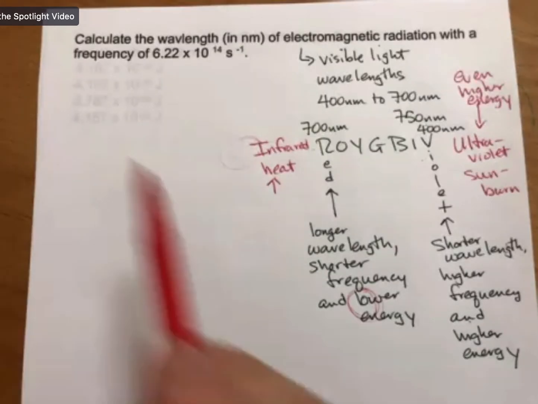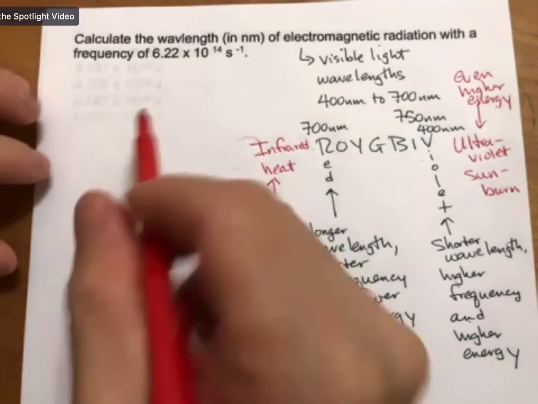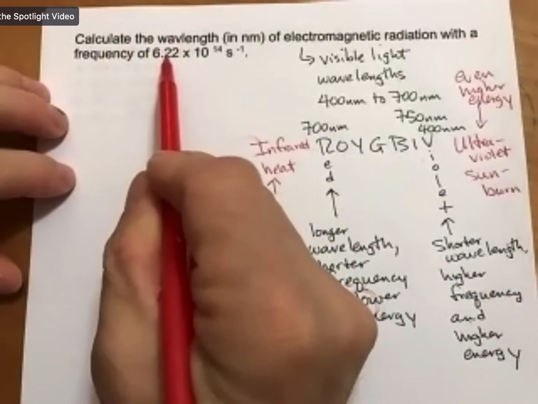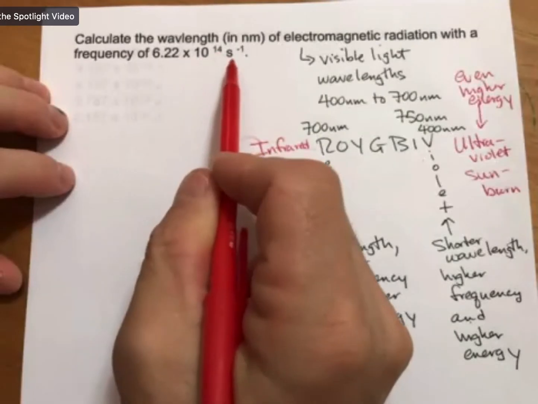Now let me actually solve the problem that we're here for. It says calculate the wavelength with a frequency of 6.22 times 10 to the 14th seconds to the minus 1.